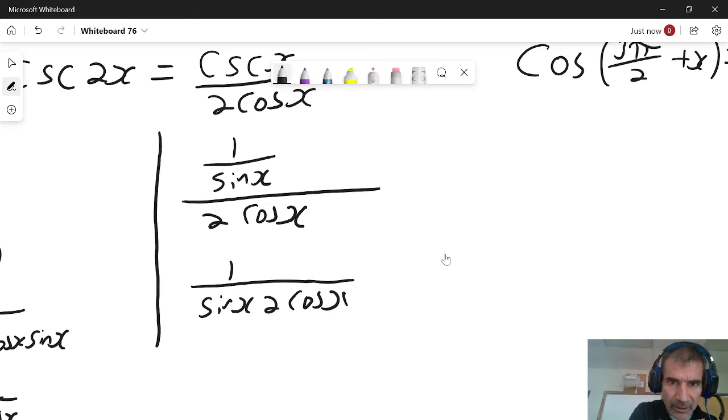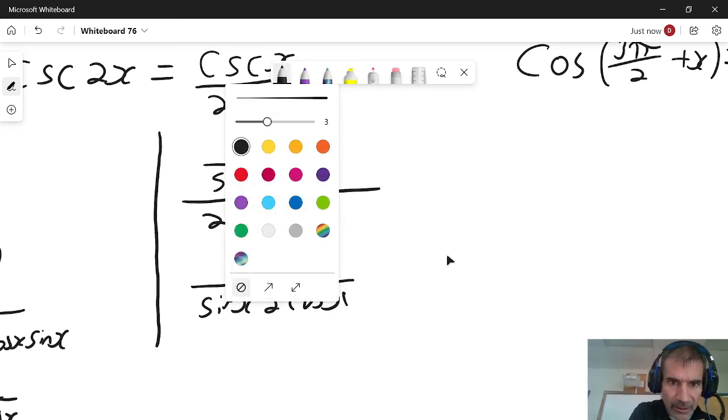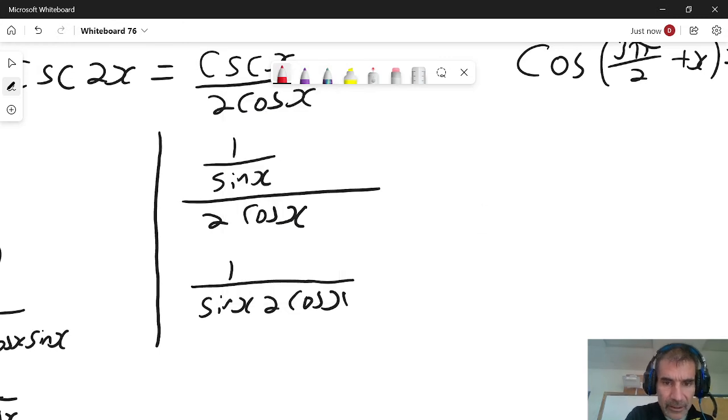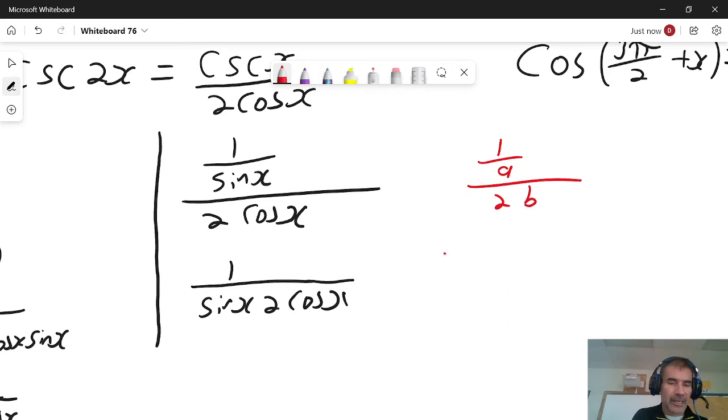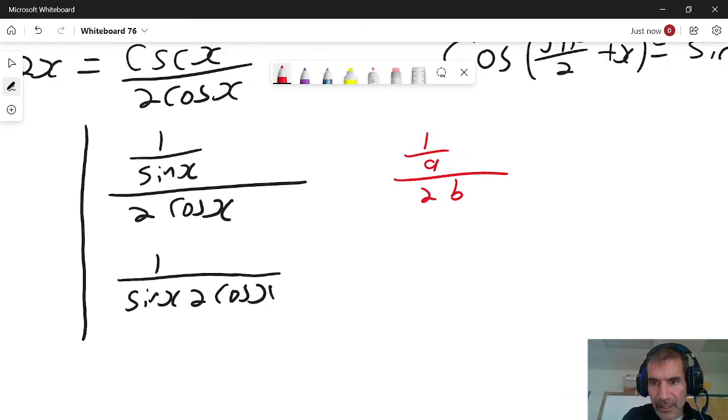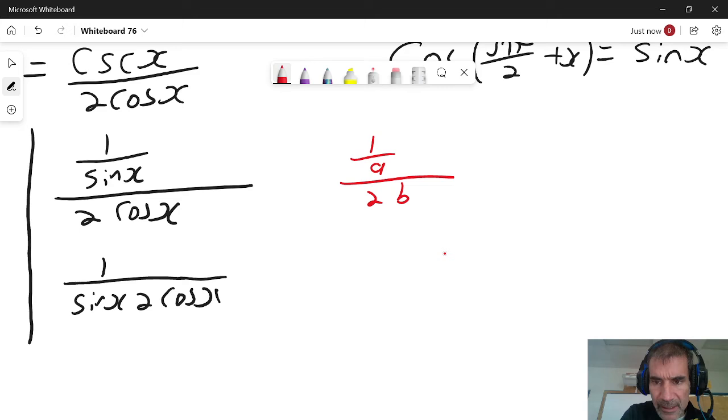I'm going to switch the color and just help you deal with the fractions here. So let's say I had 1 over a divided by 2b. Here a is taking the place of sine x and b is taking the place of cosine x. I have 1 over a divided by 2b.